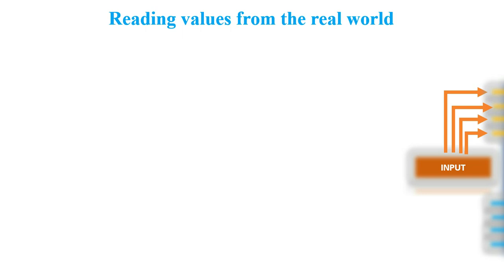Now we want to read values from the real world. I think we emphasized this in the previous talks. You can observe that here we have the input, which we have moved to our far right. The input is taken and then the signal is taken into the computing device.